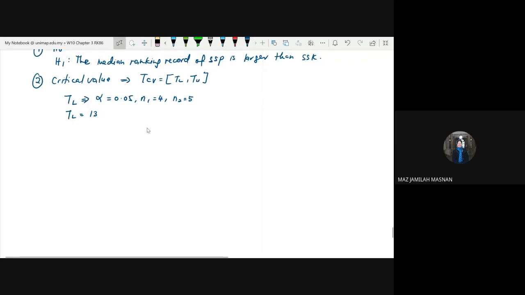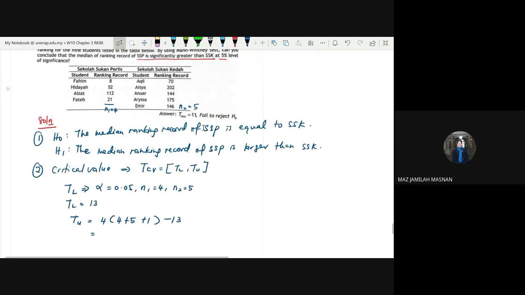Once you get your T lower, you find your T upper. That would be N1 times (N1 plus N2 plus 1) minus TL. You just put the data directly. N1 is 4, so 4 times (4 plus 5 plus 1) minus 13. What is the value, class? Is it 22?